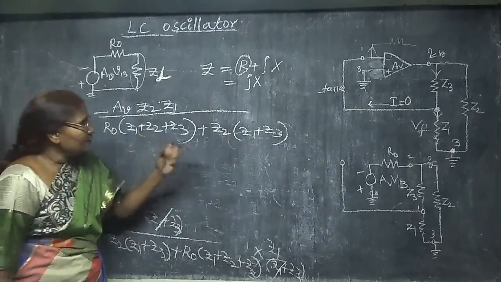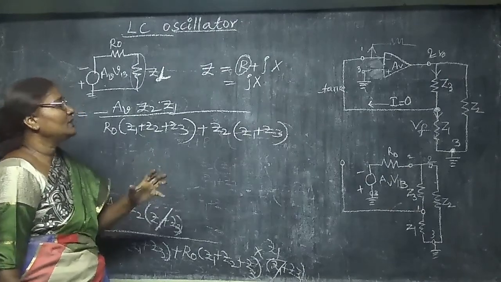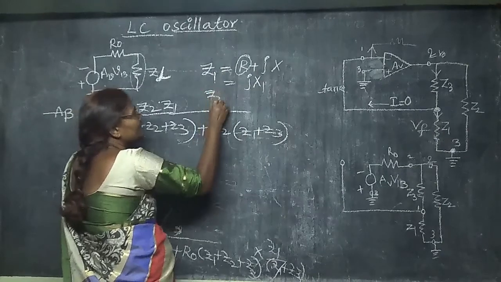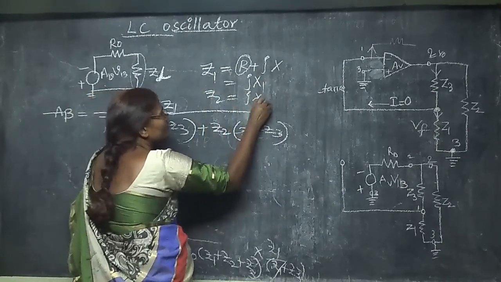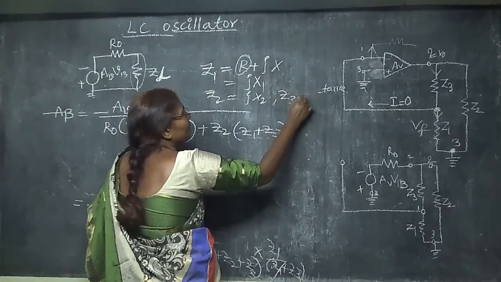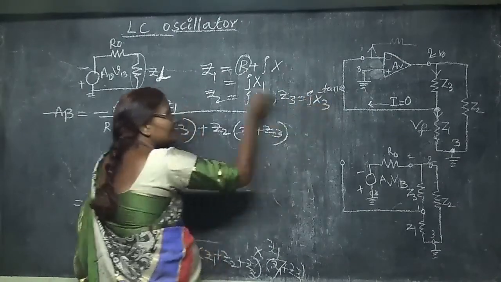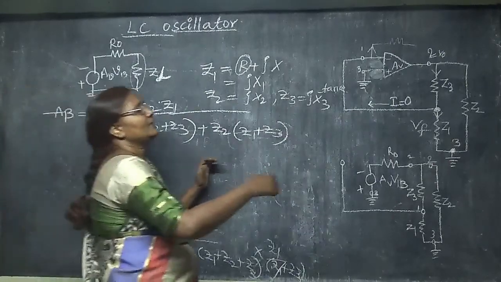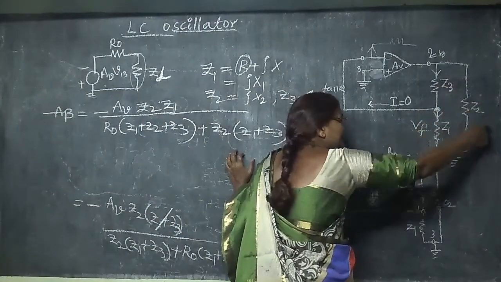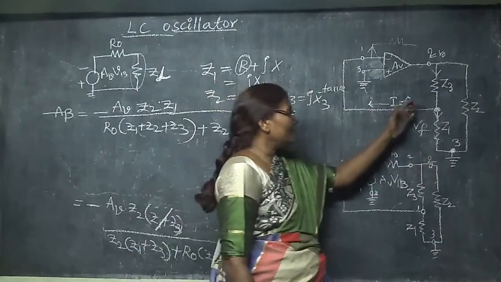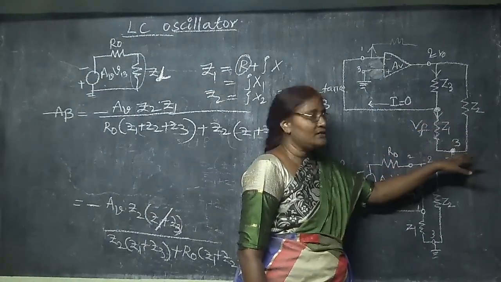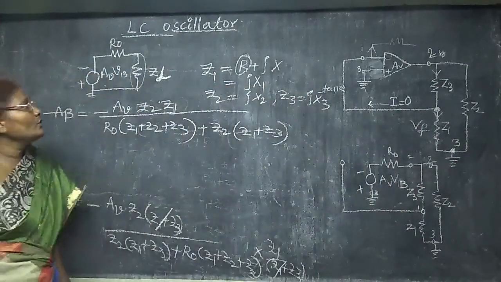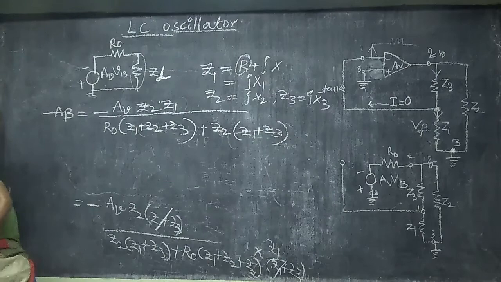So let us assume that Z1 is equal to jX1, Z2 is equal to jX2, Z3 is equal to jX3, and there is no resistive part. So these three will be purely reactive elements, either capacitors or inductors or both mixed.